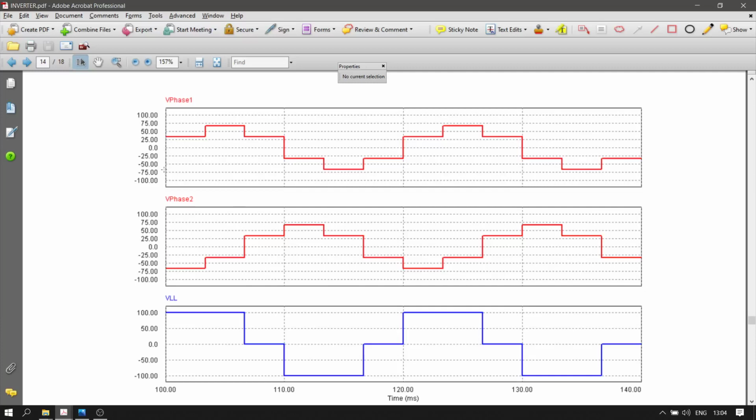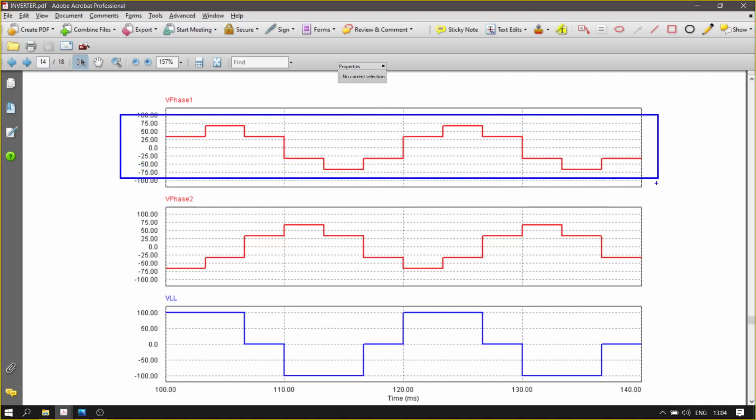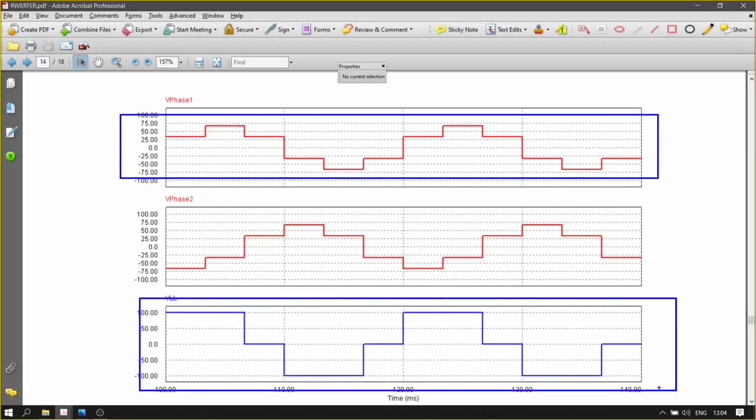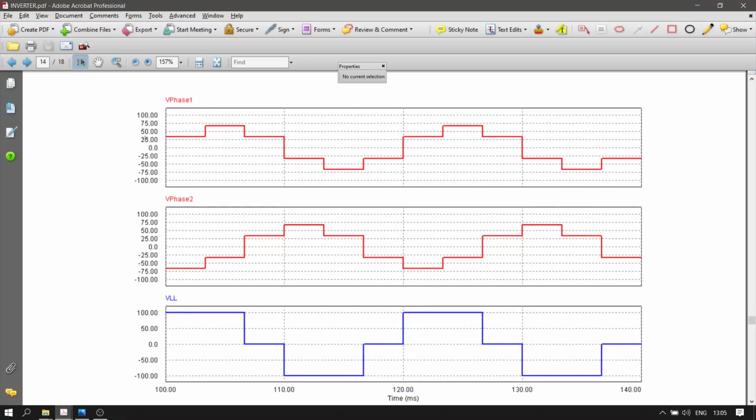So for phase 1 you will get this waveform. However, for the line to line voltage we have this square waveform, right? But you have to be careful with the amplitude now.